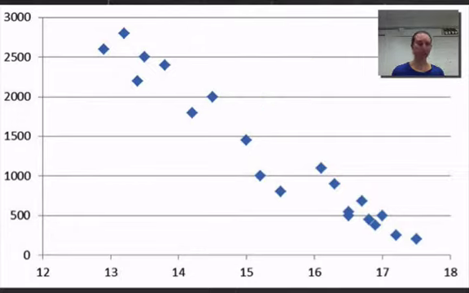So for instance, on a ride where I averaged 13.5 miles per hour, I climbed 2,500 feet, whereas on another ride, I averaged 16.9 miles per hour and only climbed 380 feet. Now, with correlation, we're asking what's the linear relationship, if there is one, between two variables. Looking at this graph, think about if you were to draw a line that best fit the data, what line would you draw?